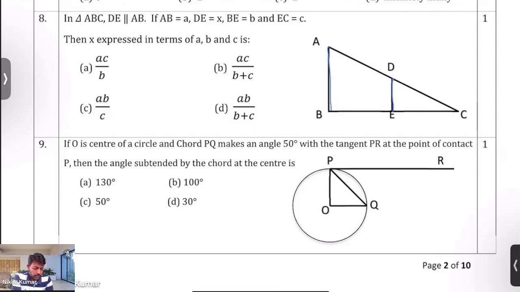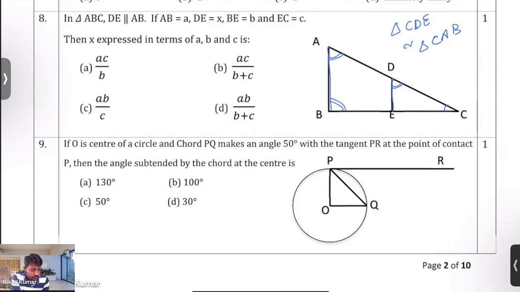What can you tell me about the triangle CDE and the triangle CAB? CAB and CDE. What can you tell me about these triangles? These triangles are similar. How? So there is this angle which is common to both the triangles, and these two angles are corresponding angles.